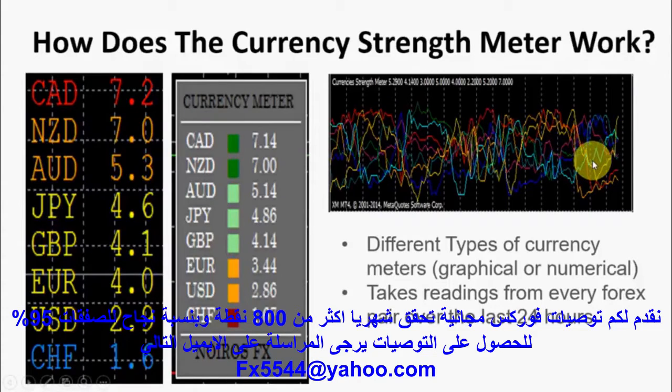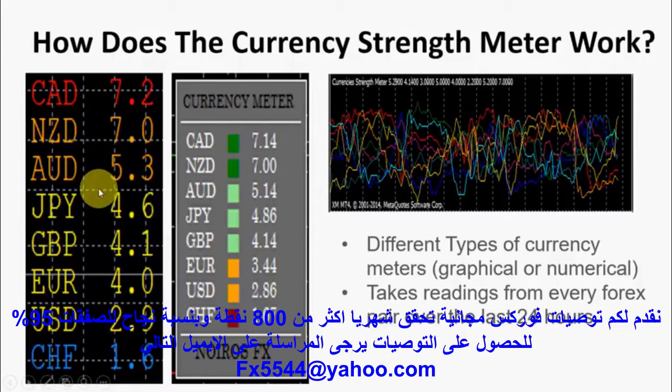So depending on your choice. My personal opinion is I prefer to see it in numbers. It's easy for quick understanding. With the graph, I will have to interpret each of these lines, which represents a currency, and see which one is on top of which one, and it might be a bit complicated, but here it's very simple. So you have the graphical type and you have the numerical type.